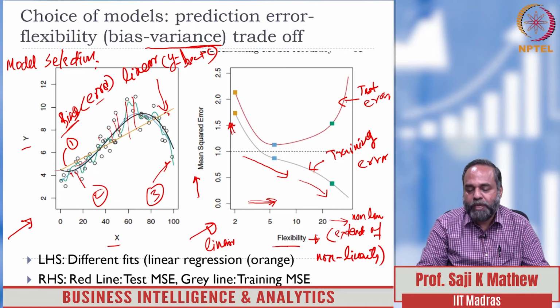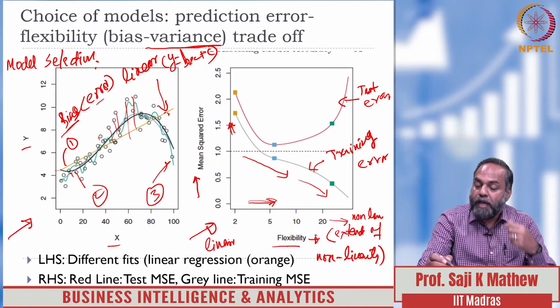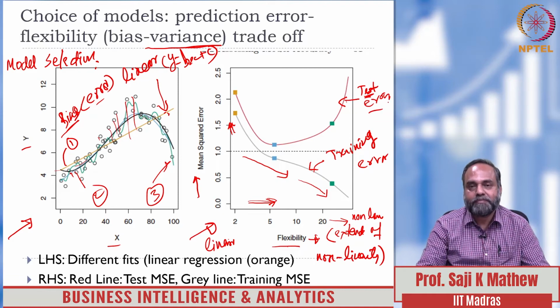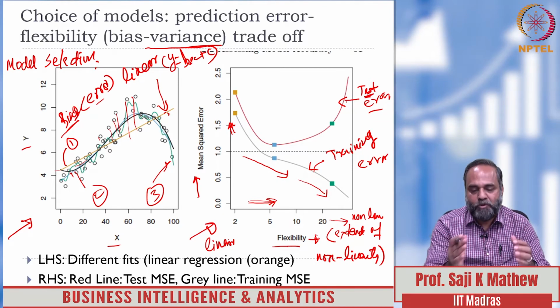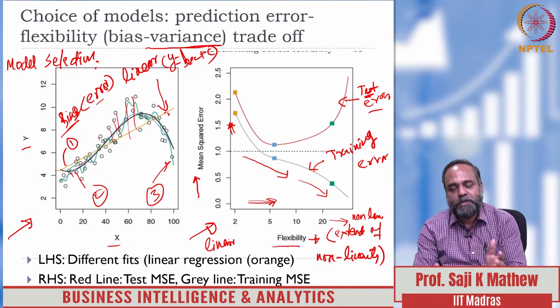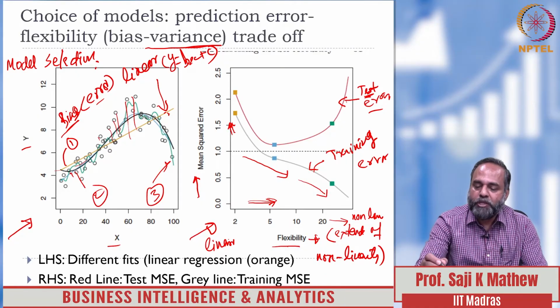But you can see another phenomenon when you increase flexibility. What happens to the test error? When you build the model and test its performance on another set of data which was not used in model building, you can see the test error is going up.